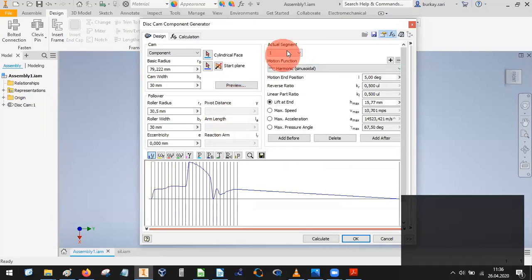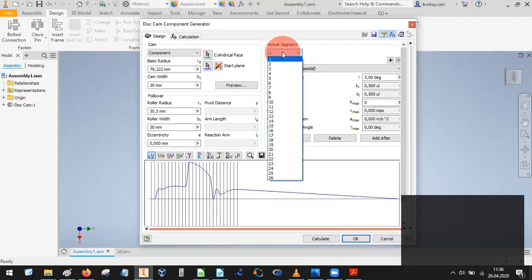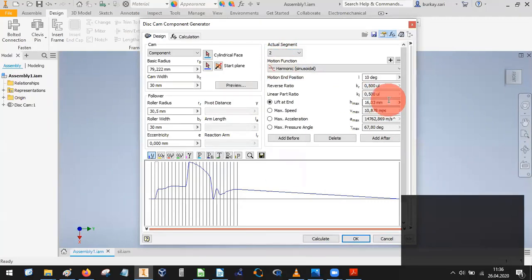The first segment, it ends at 5 degrees, but this time I will ignore this to 0 and calculate. The second segment, I will just make minus 15.77. Again, calculate.